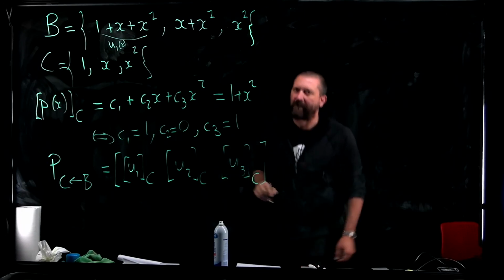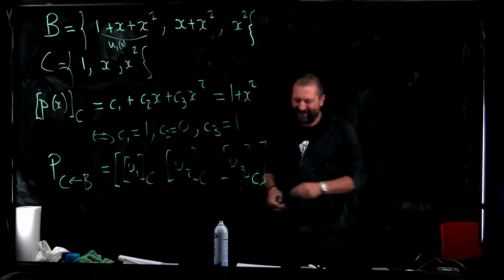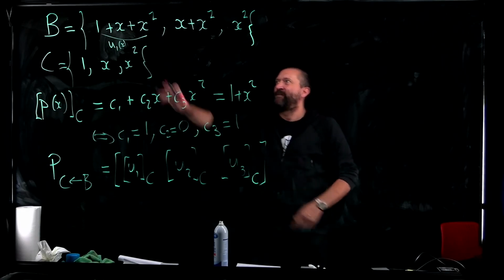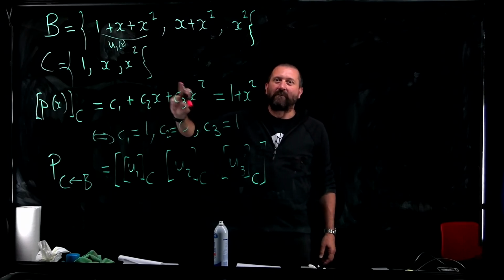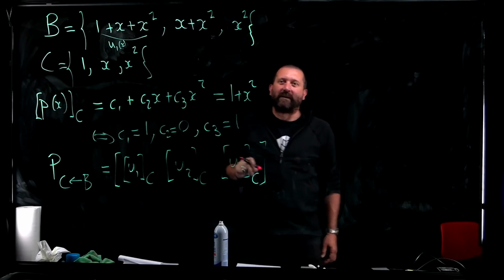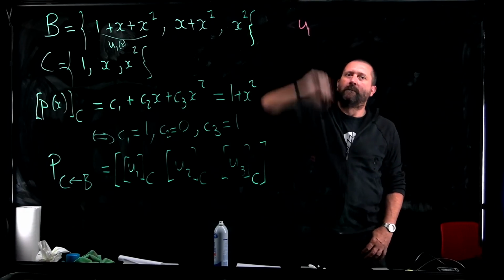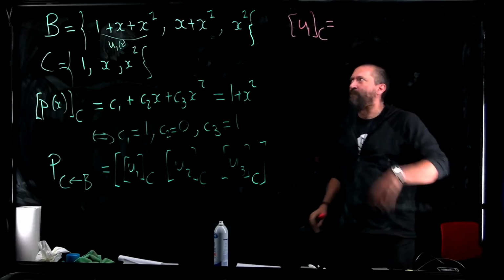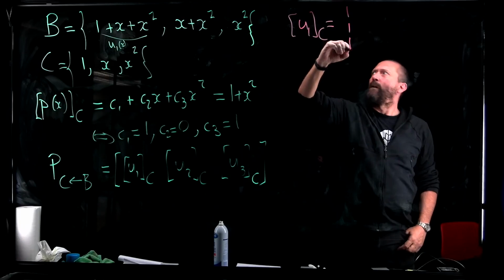And my pen is dying again, so let's see if pink works better. Now, these U1, U2, U3 are the vectors in this basis here. And as I just pointed out, it's very easy to express them in this coordinate system, because U1 in C is simply 1, 1, 1.